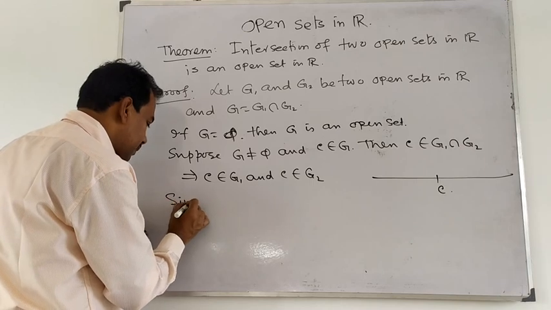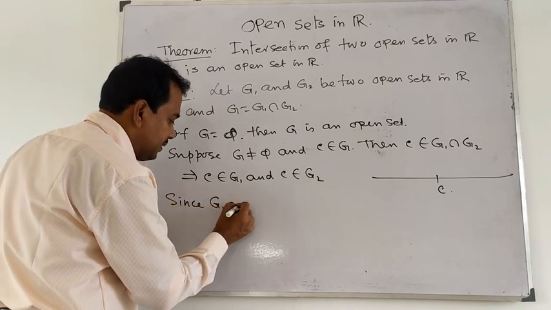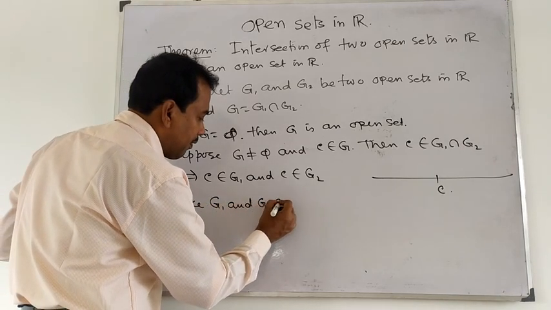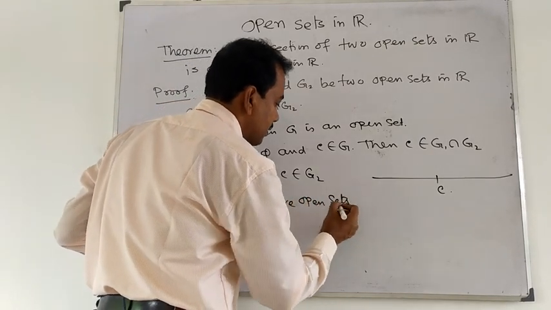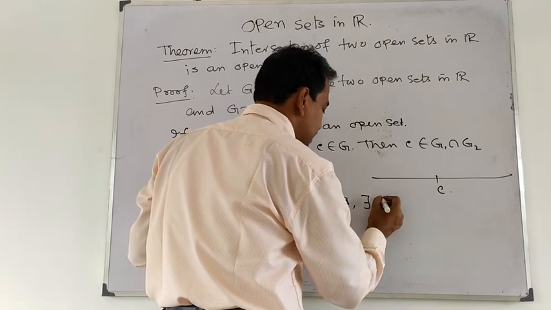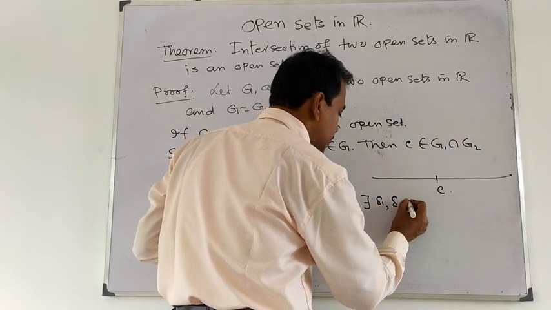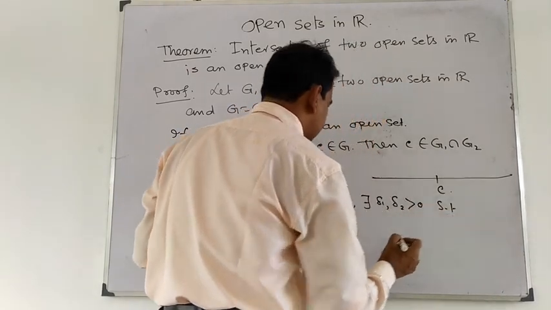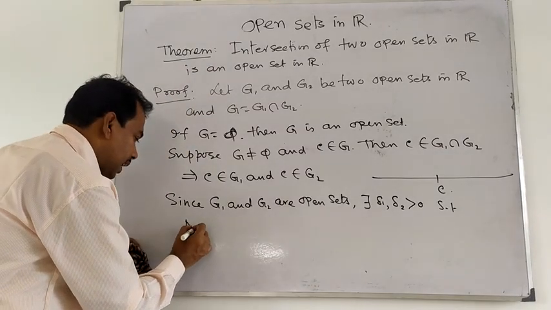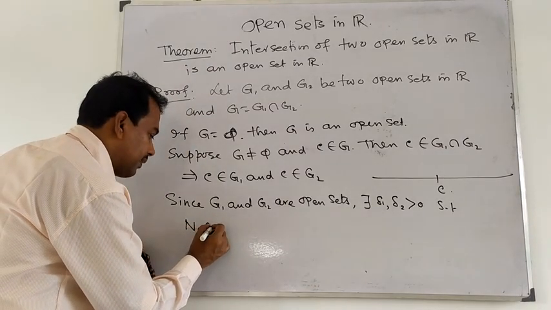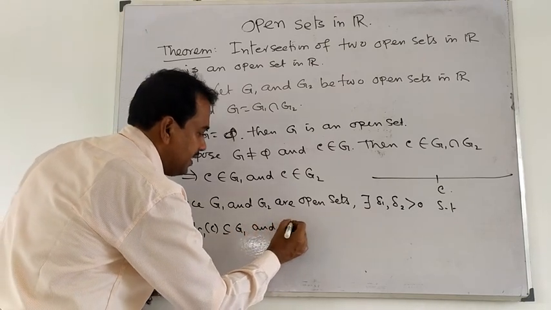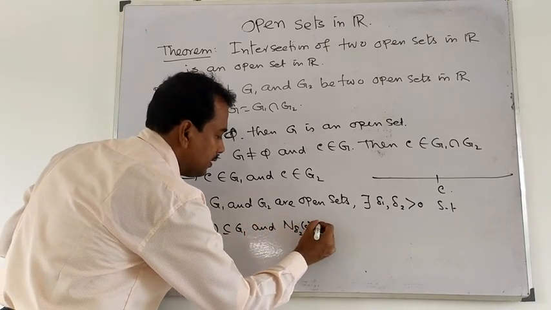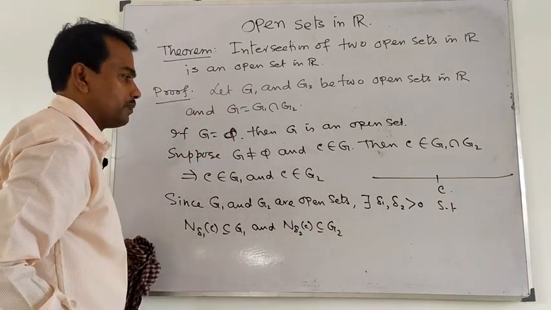Since G1 and G2 are open sets, there exist delta 1, delta 2 greater than 0 such that N_delta1(c) is a subset of G1 and N_delta2(c) is a subset of G2.